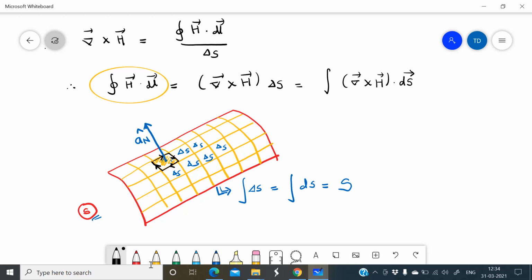Now you can compare: the integration of H dot dl is equal to the integration of del cross H dot ds.